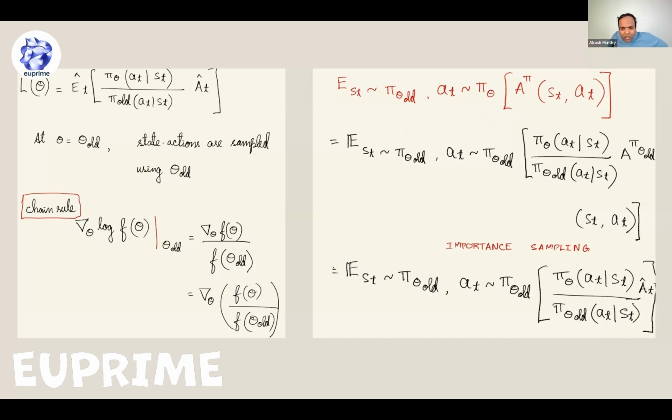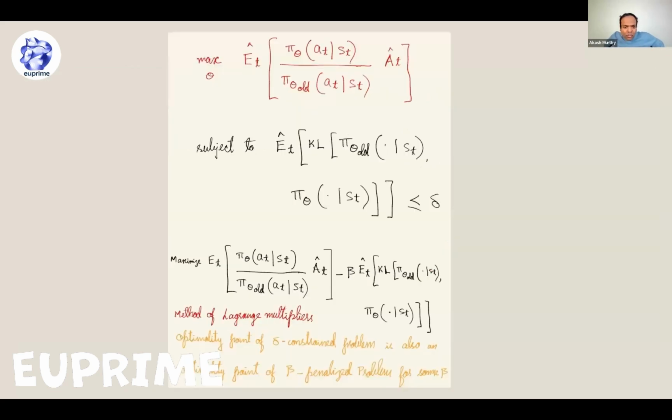Another thing that I wanted to explain here, if you go to the next, have I written anything in the next? Oh yeah. So the objective function is what you see here. You want to maximize the expected value of this ratio of probabilities, pi theta and pi theta old. So pi theta old is the old policy function. Pi theta is the new policy function after taking a step, right?